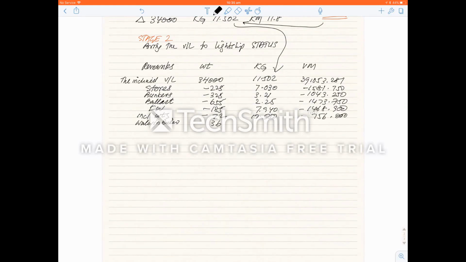But this 36 tons is already in the 34,000 weight. Therefore, we don't do anything with it. So we leave that.